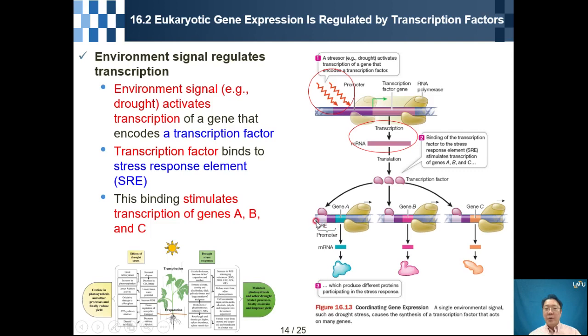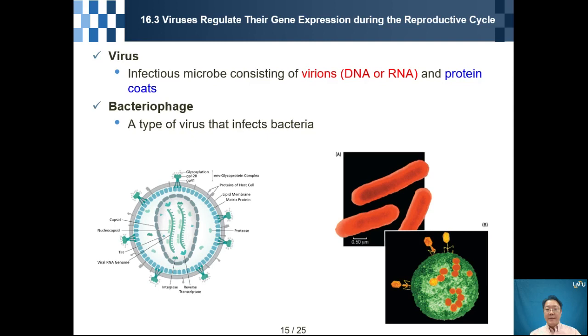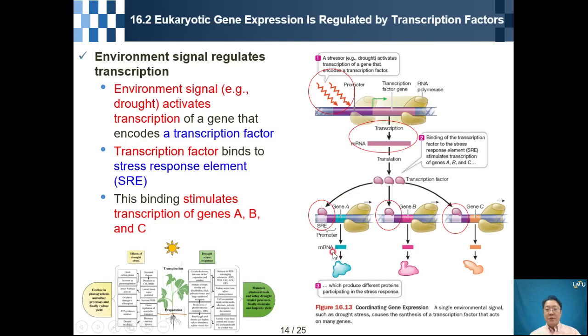This is located in the promoter region of gene A, and also in the promoter region of gene B, and also in the promoter region of gene C. This transcription factor binds to the SRE, and this binding can stimulate transcription of gene A, gene B, and gene C.